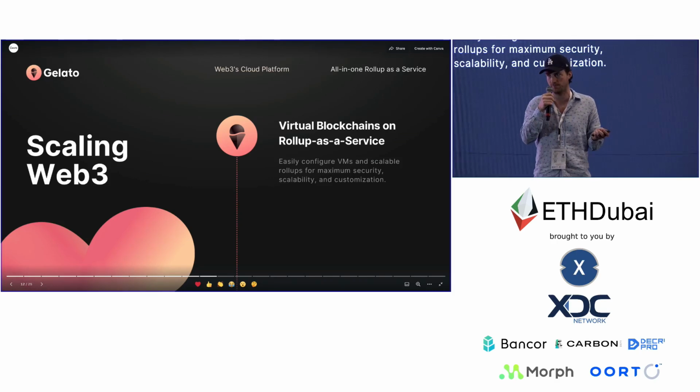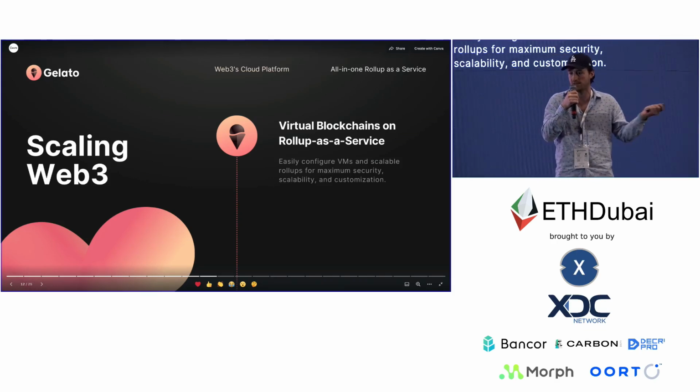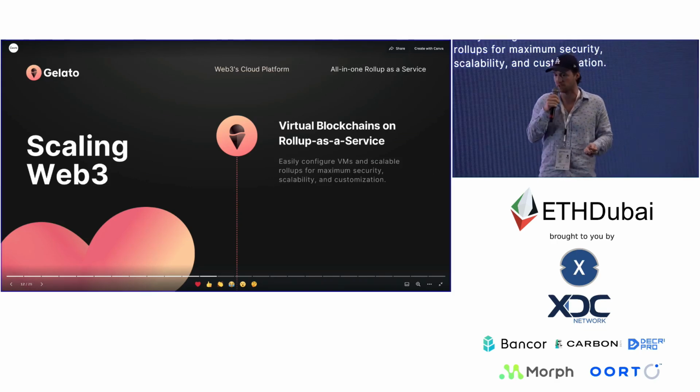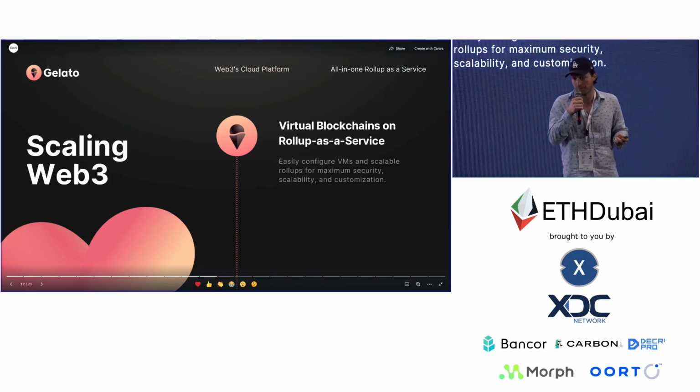So maybe for the first time we can write blockchain applications in a Linux environment, which is like the holy grail. And even more important, you have a sort of virtualized service like Gelato Rollup as a Service, where you can spin up as many of these as you want, and you can scale them to your needs. So that's basically the end game for Web3 as well.